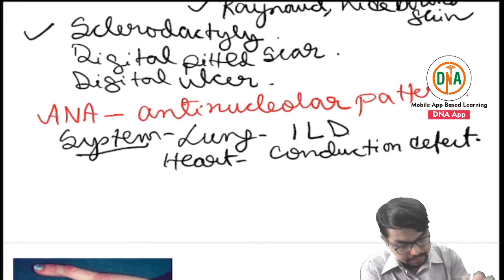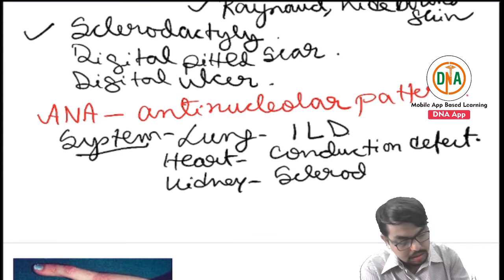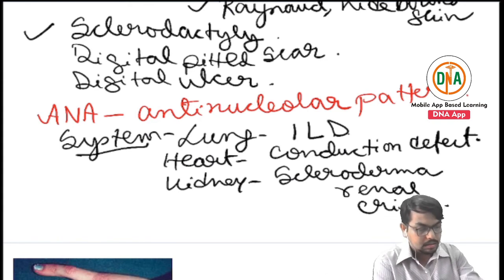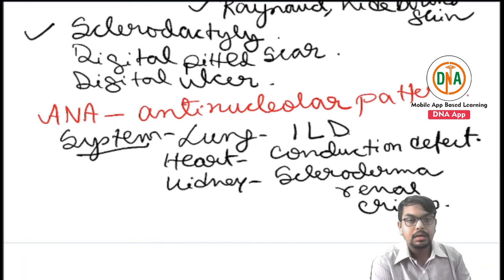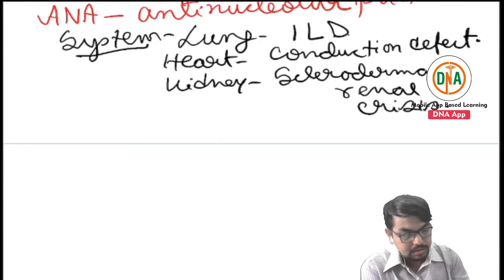Kidney, scleroderma renal crisis. These are the other systemic features of systemic sclerosis.